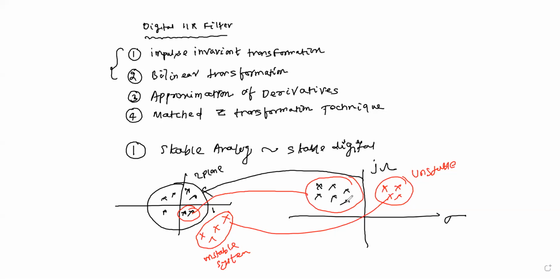So the j omega axis must map to the unit circle of radius 1, the poles on the left hand side of the j omega axis in the S domain must map to poles inside the unit circle, and poles on the right hand side of the j omega axis must map to poles outside of the unit circle. This thing we have to take care of. Clear?